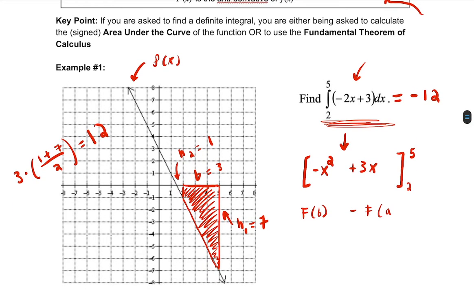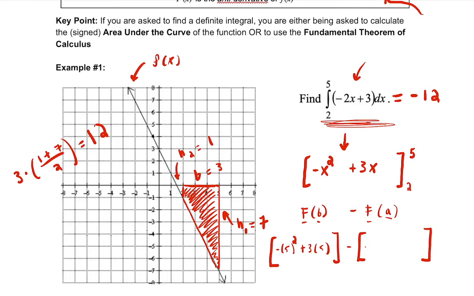And so what we're going to do is we've already taken the antiderivative. Now we just need to plug in b and plug in a and then subtract them. So we'll break this up into 2 more brackets. If you plug in 5, well, negative 5 squared is 25. I'll write this one out, but the rest of these I'll do really shorthand. Negative 5 squared plus 3 times 5.